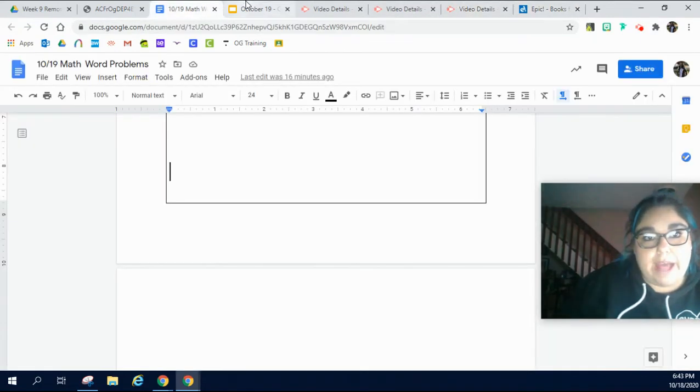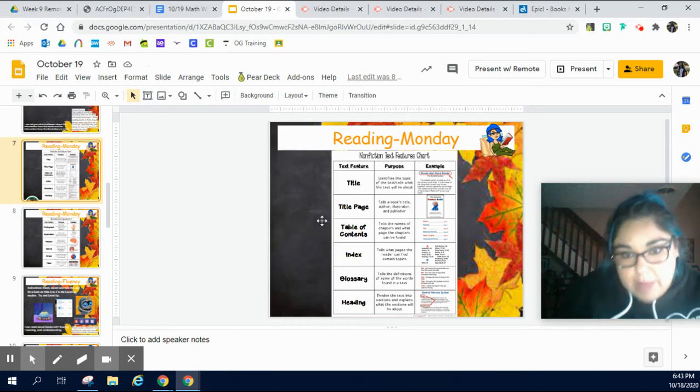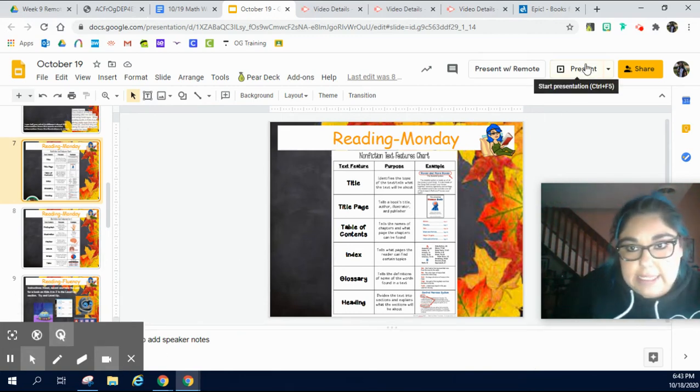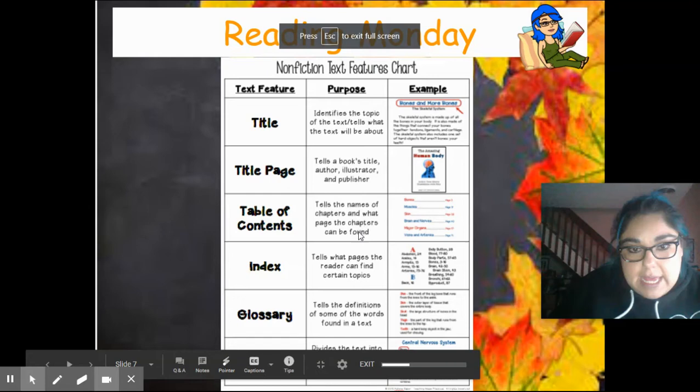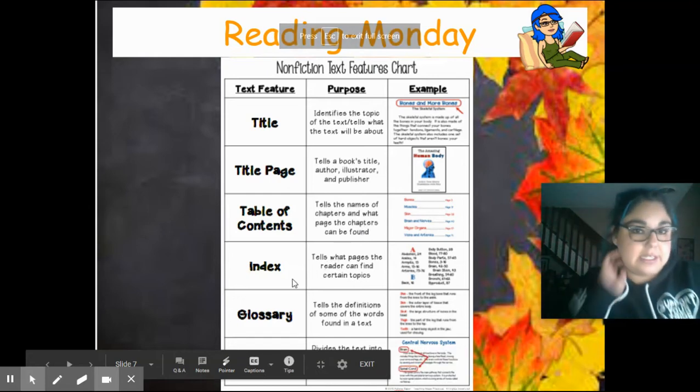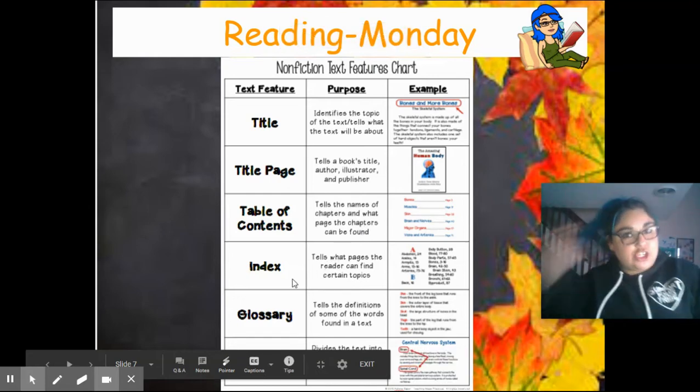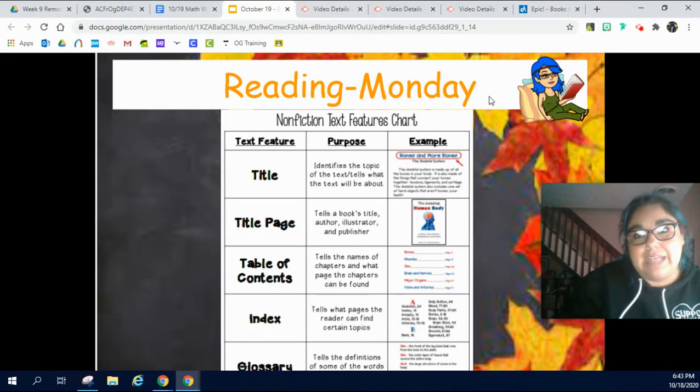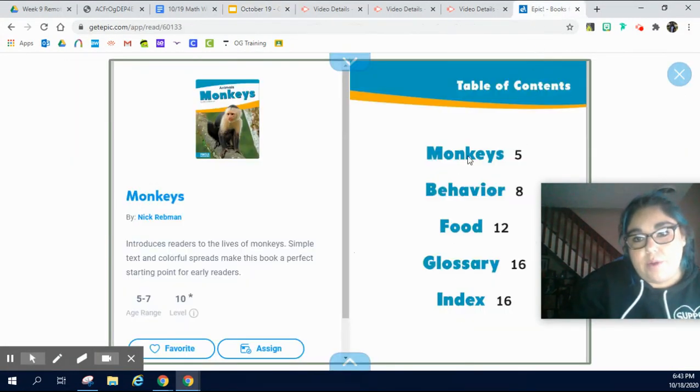Then we go back to our anchor chart and it says that the index tells about the pages where you can find certain topics. Usually the index is in the back of the book right here.